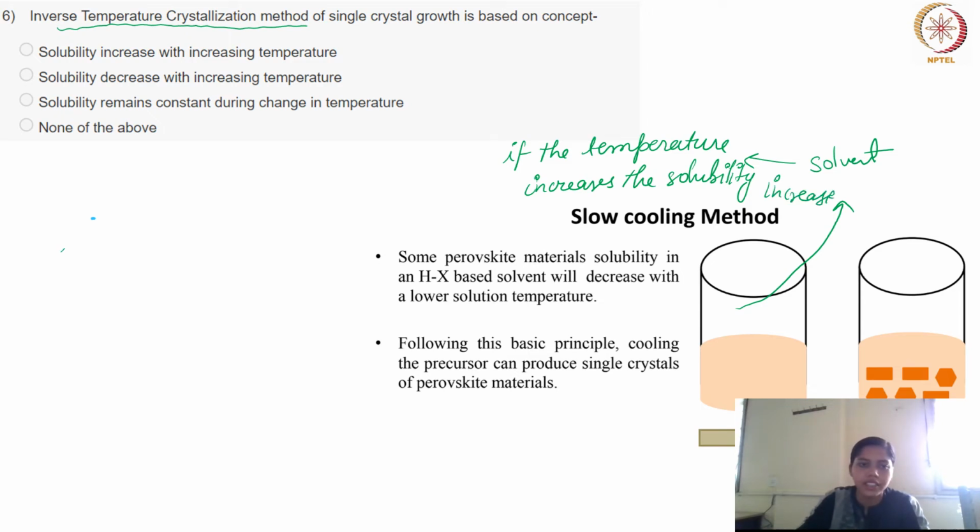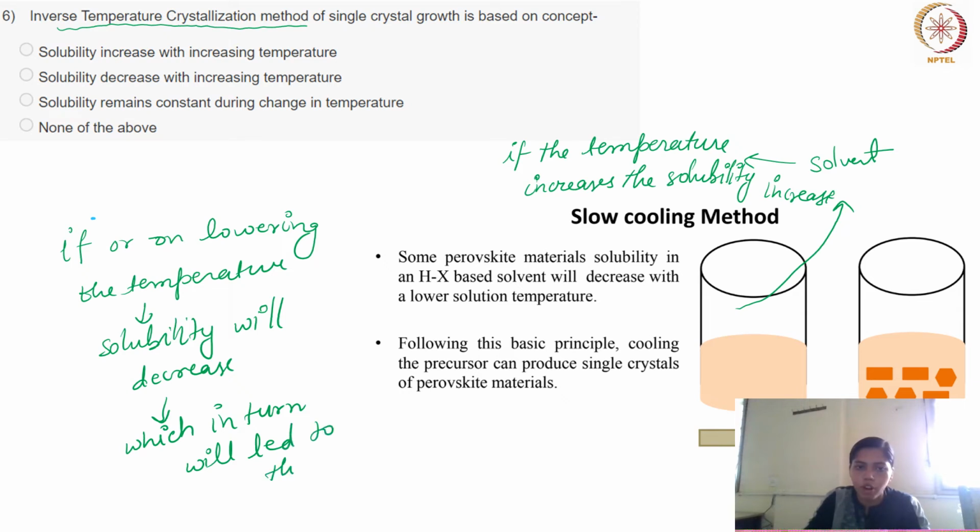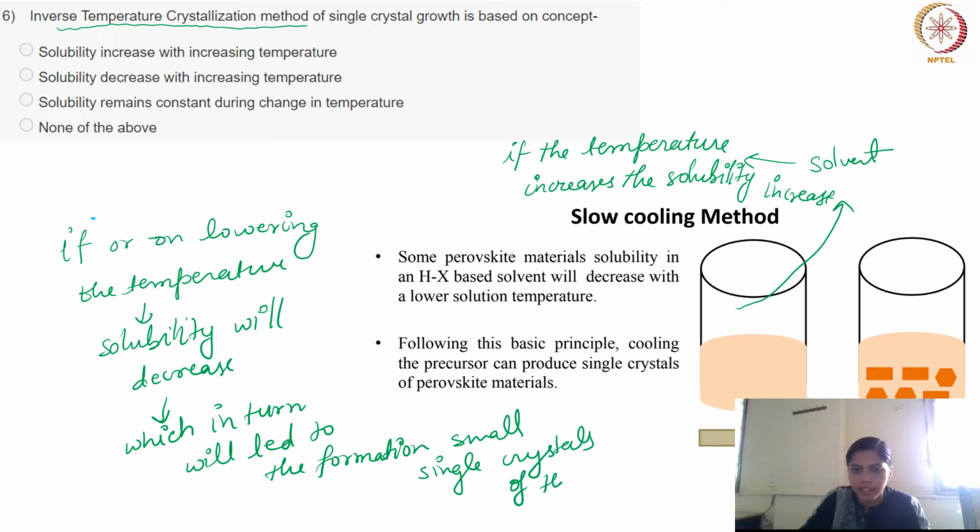Okay, so what we can say, on lowering the temperature, the solubility will decrease, which in turn will lead to the formation of small single crystals of the material.